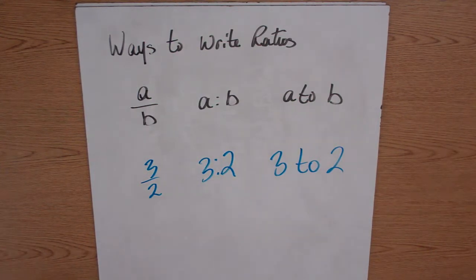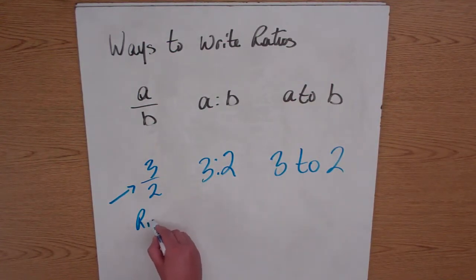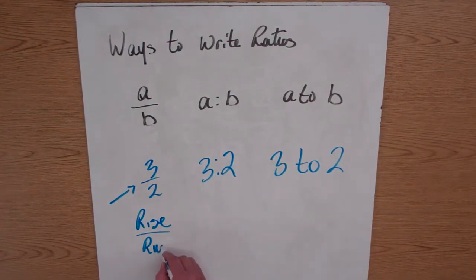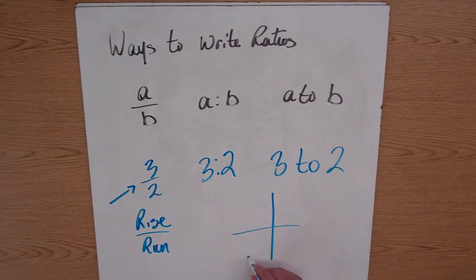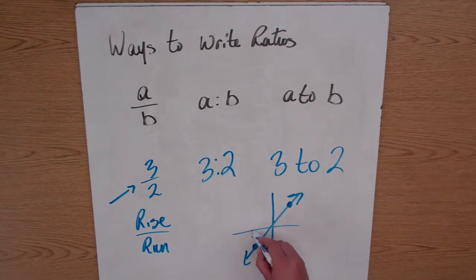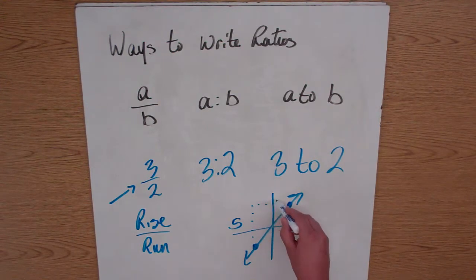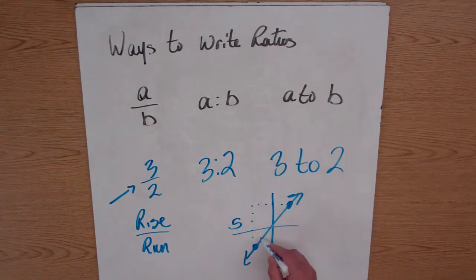Now, a little side note, this one here, the 3 to 2 written as a fraction, so far, the most common place you would have seen this written is with the slope of a line. Because remember, the slope of a line is the ratio of rise to run. For instance, you have a line like this, and you start here, and we want to know the slope of the line, so you count up 1, 2, 3, 4, 5, and then over 1, 2, 3, 4, 5.